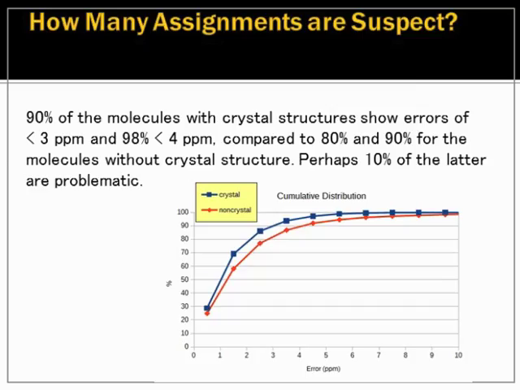Let me put that data in a different form. This is the two sets of molecules. They're about the same size, so I can put them on the same scale. The blue line is crystal structures, and what this tells you is that at 3 ppm, we're about 90%. So 90% of them are inside 3 ppm. By the time we get to 4 ppm, we're about 98%. When you look at ones without the crystal structures, we're about 80% at 3 ppm and only 90% at 4.